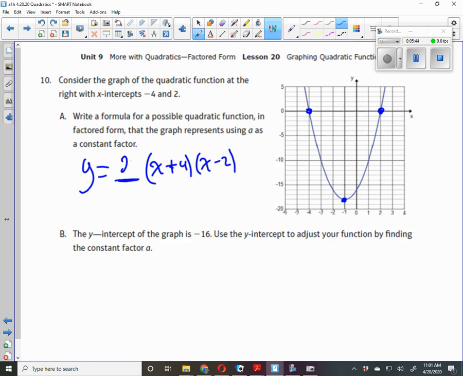So I know that a equals 2 based on the graph. And so I can add that 2 into the equation. The y-intercept of the graph is negative 16. Well, that was that point right there. That helped. I didn't even have to do that. But visually, that was correct. And we're done.